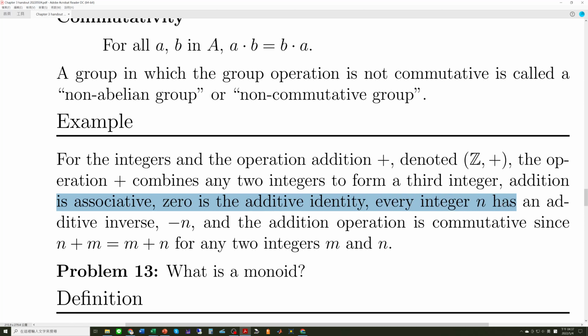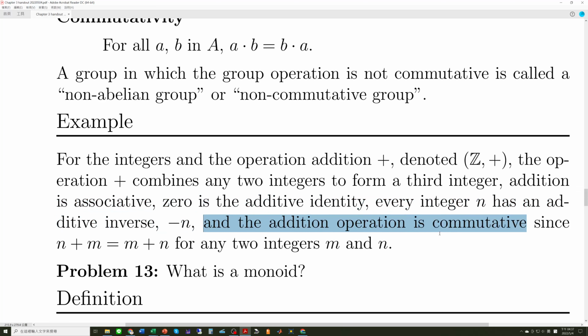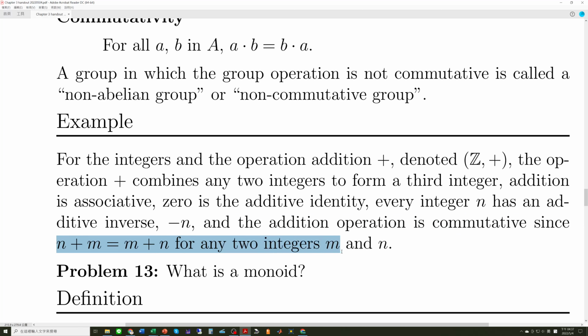Every integer n has an additive inverse, negative n. And the addition operation is commutative, since n plus m is equal to m plus n for any two integers m and n.